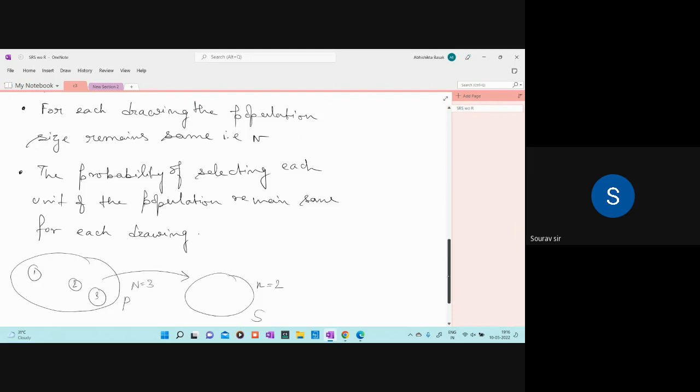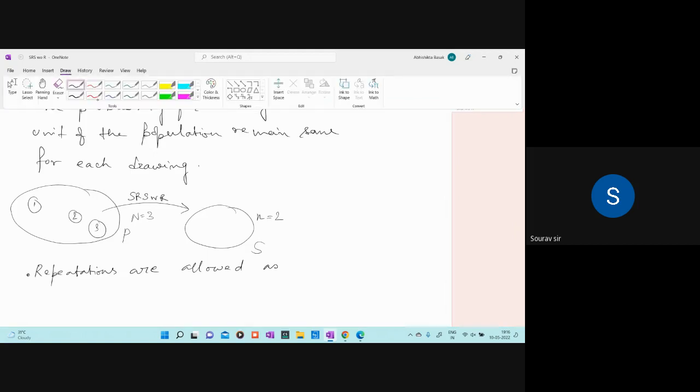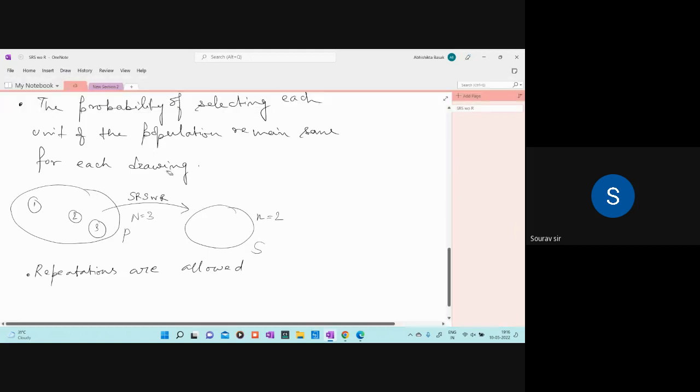If we draw this sample using SRSWR, what will be the possible cases? One more thing we can add: repetitions are allowed.